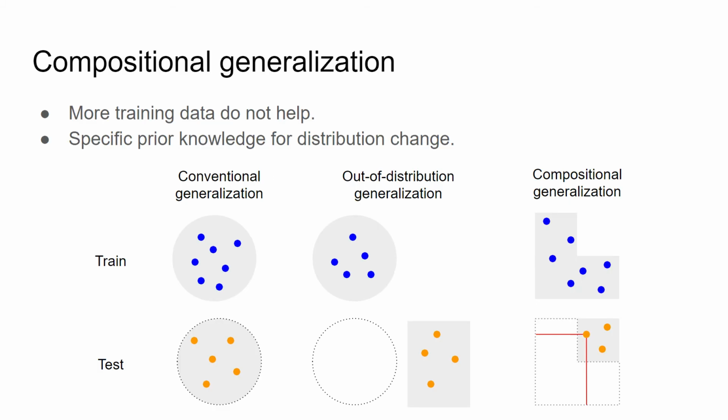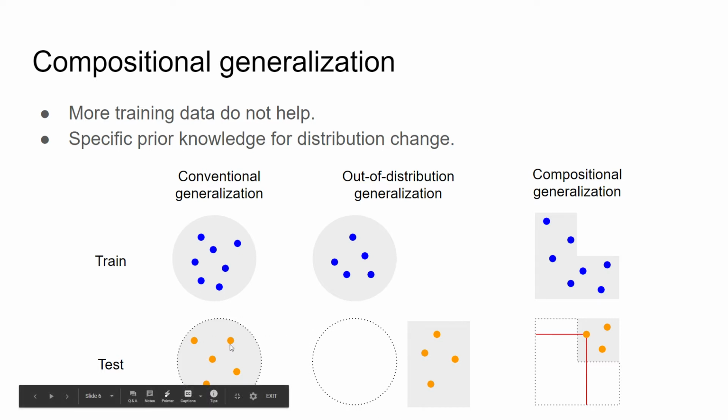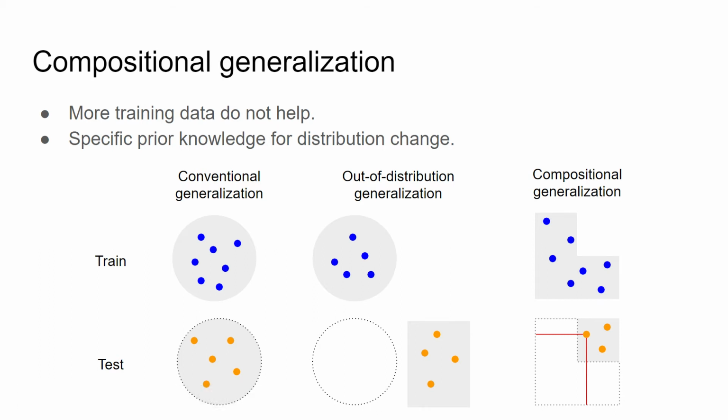So, what is compositional generalization? Let's first look at a conventional generalization problem. These images only contain input distribution for explanation purposes. In the left column, we have a training dataset and a test dataset, and we assume the distributions of the data are identical. This means the main problem of conventional generalization is to learn a model working on the correct underlying distribution and use it in test.